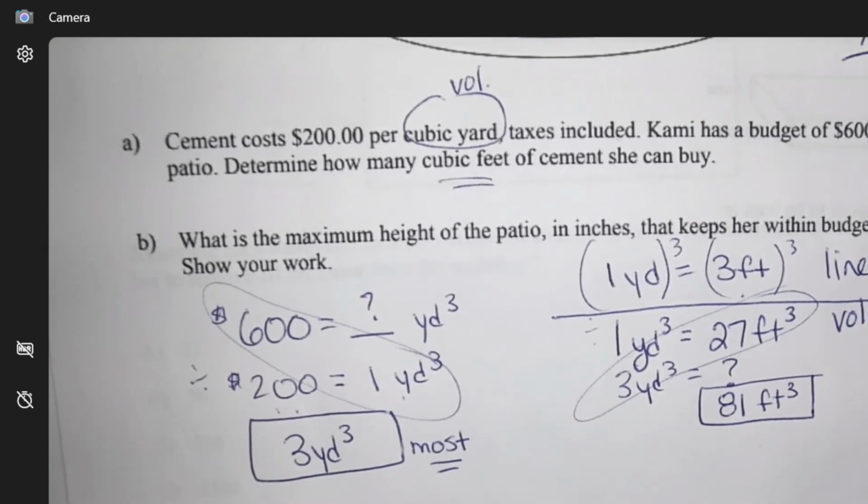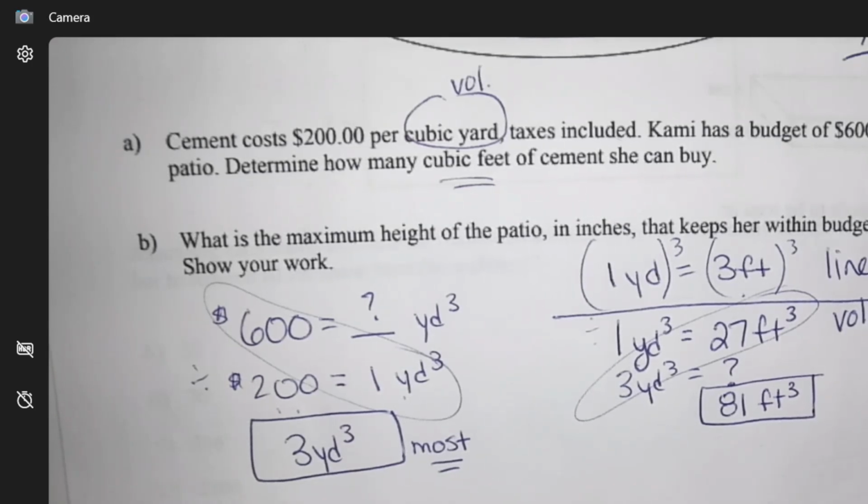Okay, so do we understand conversions going linear? And if you want to do an area conversion, you just have to square your numbers. If you want to go to a cubic, then you cube your numbers, okay?